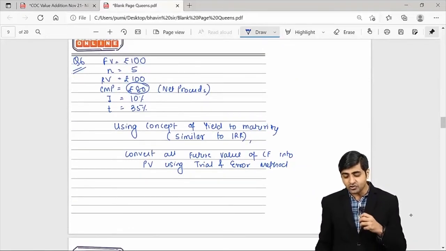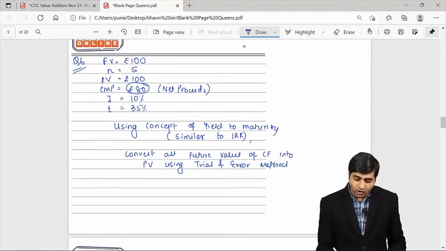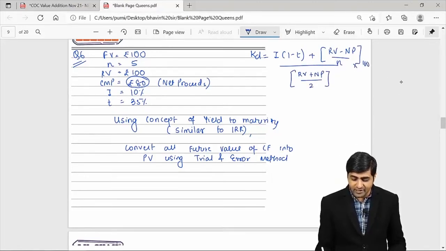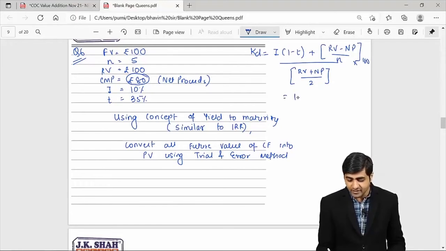Now, if you also cross check, you know the normal formula of KD, which is nothing but interest into 1 minus tax plus RV minus NP upon N, the whole upon RV plus NP upon 2, right? Now, in this particular case, if you can recollect, we used to always take interest, which was 10, into 1 minus 0.35.